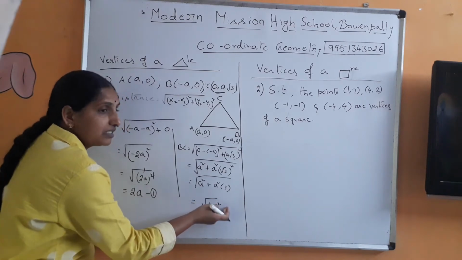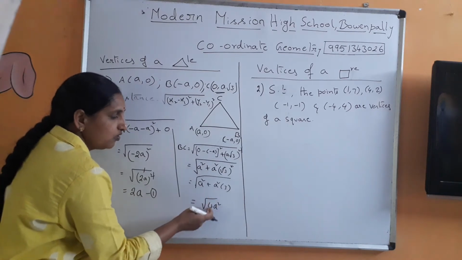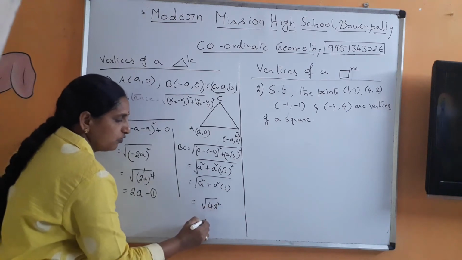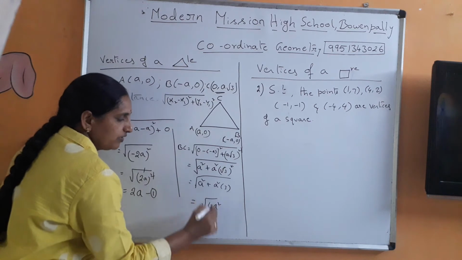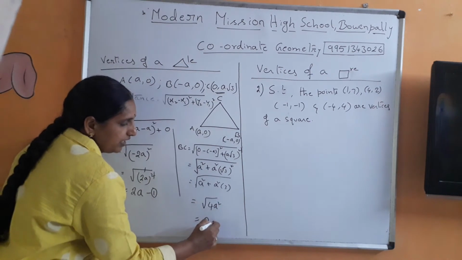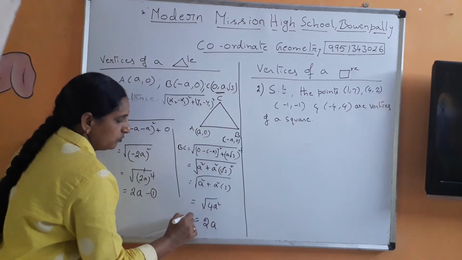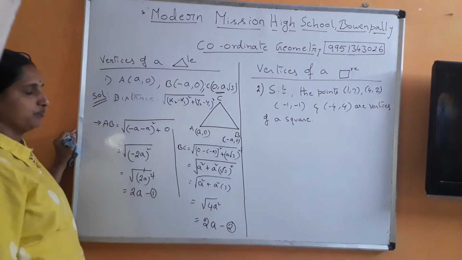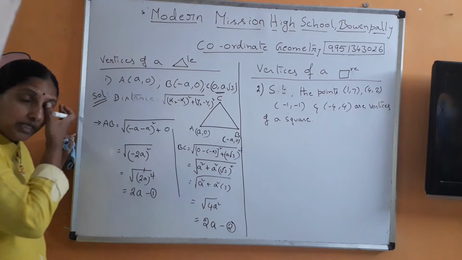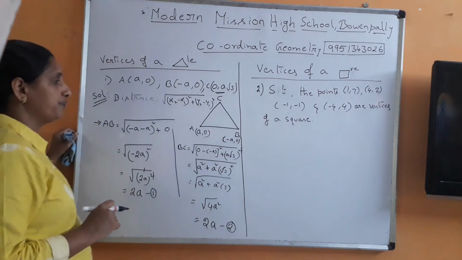You can split the root: root 4 into root a square. Root 4 is 2, and root of a square is a. So BC is 2a. Let this be equation 2.